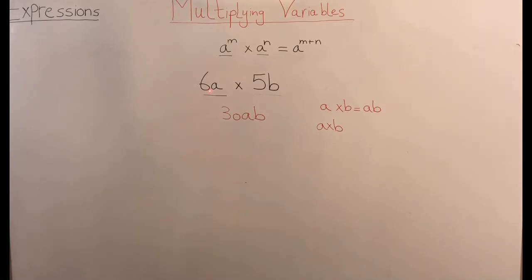For example, 6a times 5b, in this expression, we multiply the numbers first and then the variables. But in this expression, these two variables are different, so we can't add their powers together. That's why we multiply them and they are written next to each other. So the answer will be 30ab.